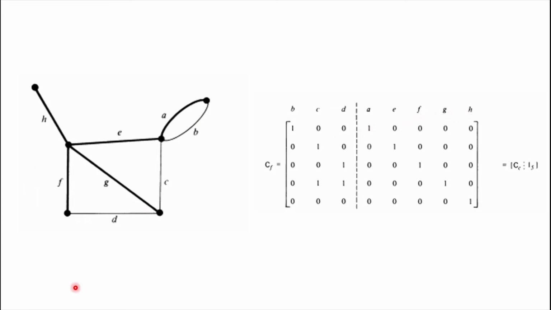To get the rows, just like we did for the cut set matrix, we need to put cuts.